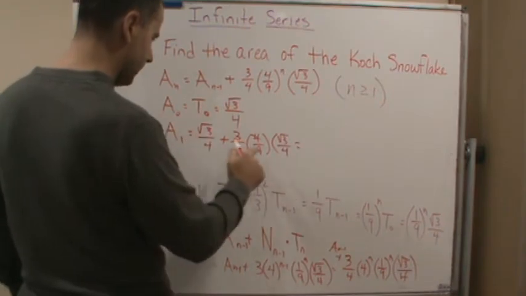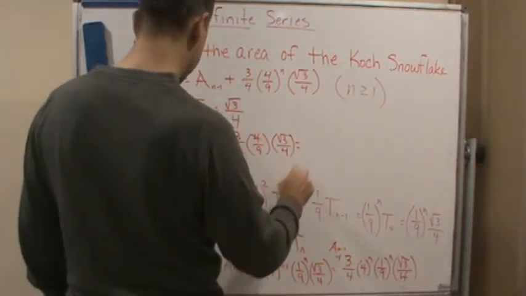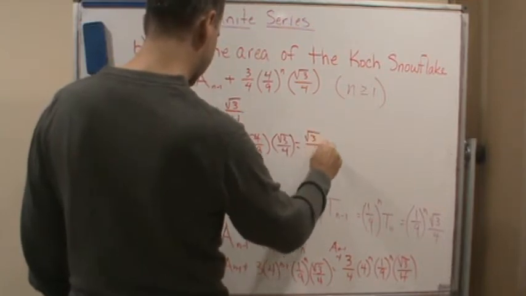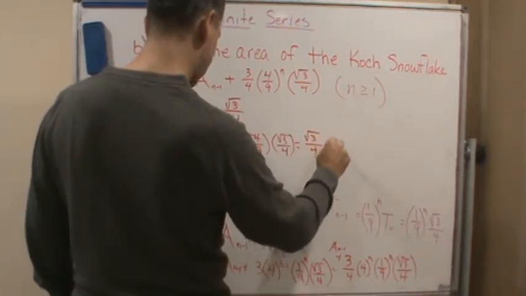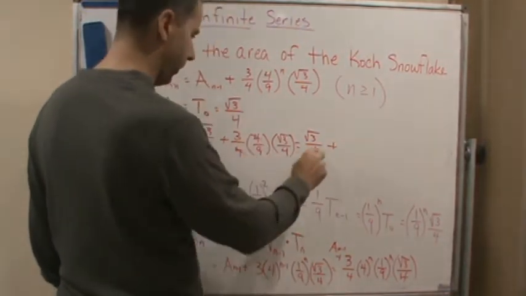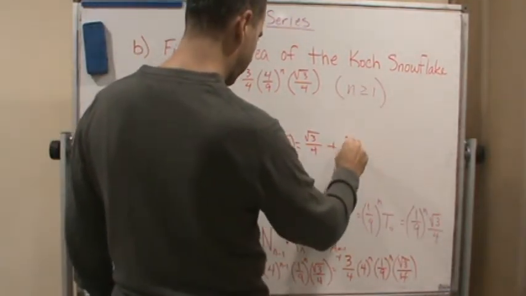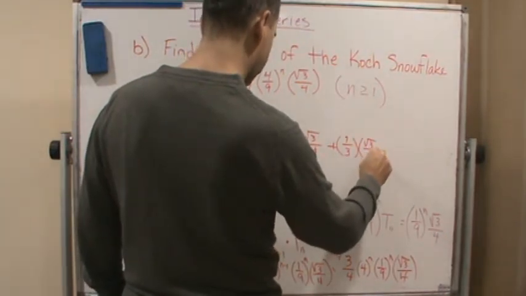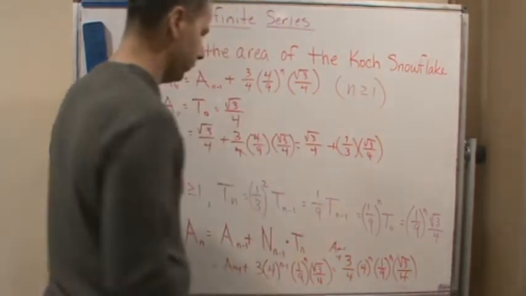So this becomes the square root of 3 over 4 plus 1/3 times the square root of 3 over 4.